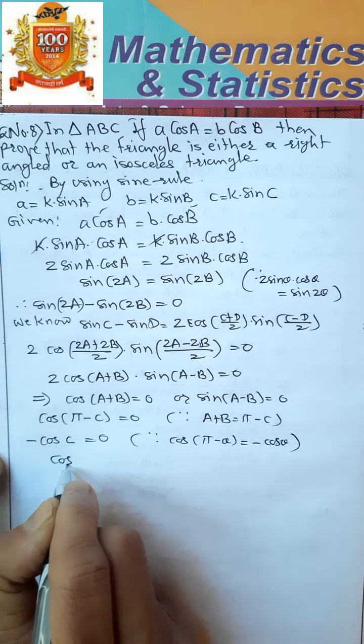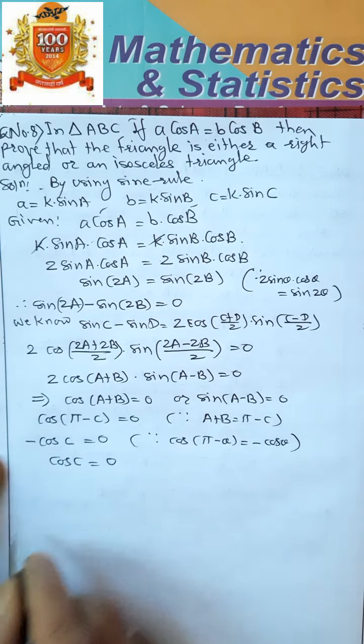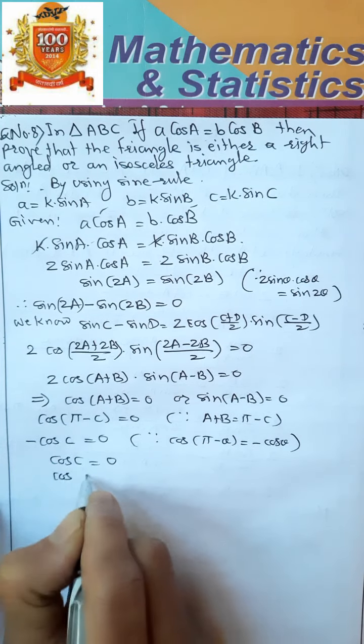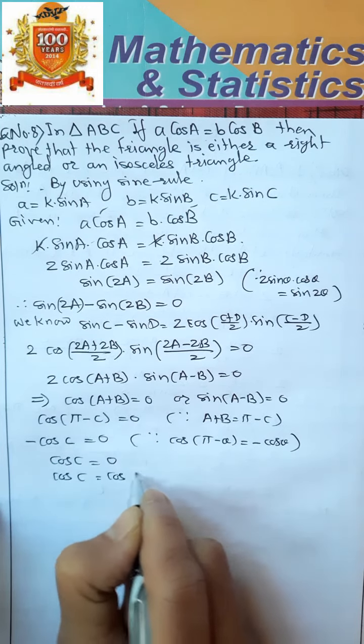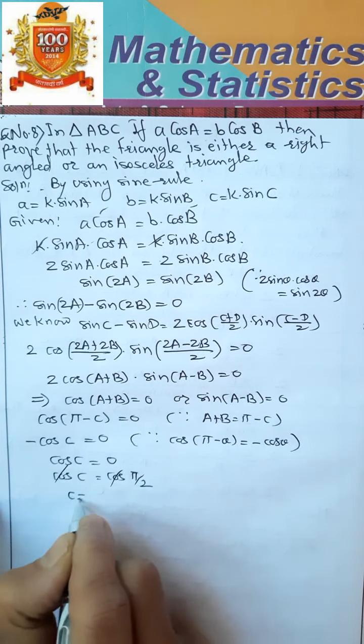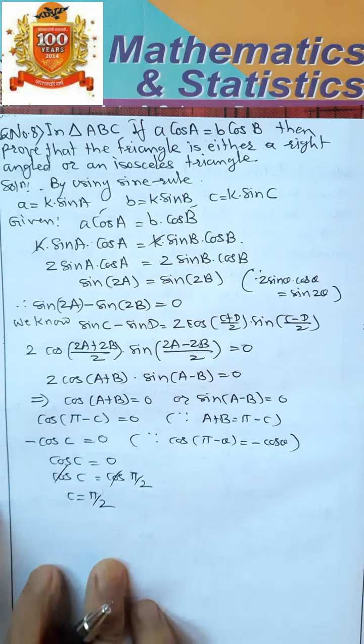Therefore, cos C is equal to 0. Now, cos C is equal to cos pi by 2. Cos gets cancelled. C is equal to pi by 2.